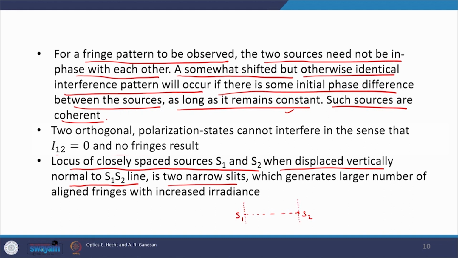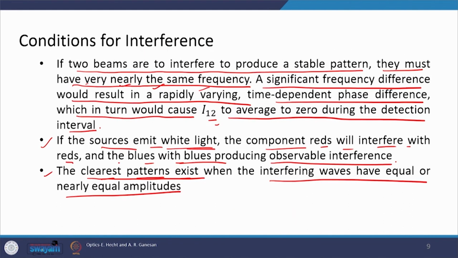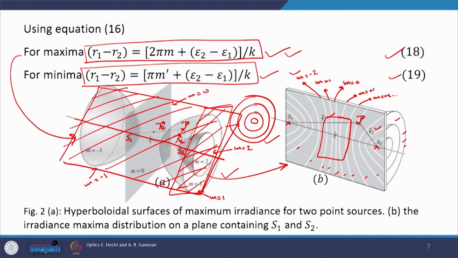But if we shift the position of these two sources vertically, then what will happen? Let us go back and see figure B 2b. If you shift S1 and S2 vertically up or down, then the whole fringe pattern will either go up or down. If S1 and S2 are shifted vertically up, the whole fringe pattern goes up, and if they are shifted down, then the whole fringe pattern goes down.